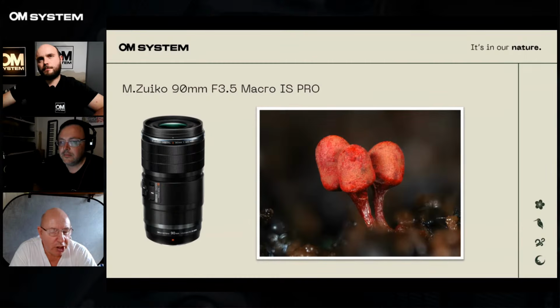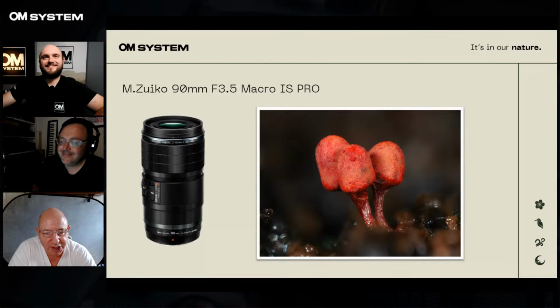We're going to talk about lighting later on, but it's easier to light stuff at home because you've got more control. But equally, the lighting I carry around I can use in the field, and I often do. It's just a matter of where your subject is. If it's down in the leaf litter, you've got to pick it up anyway and move it, so you might as well take it home and use it. But if it's on the middle of a log, you can't just put that in the back of your car and take it home, so you're kind of stuck.